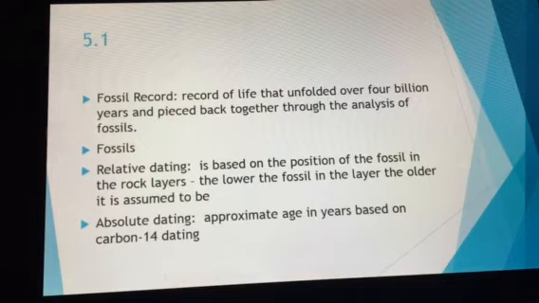But when we do find fossils, we can use two types of dating. One is relative dating and one is absolute dating. And so relative dating is kind of a guess. It's relative based on where it's found out in the rock layer. So if you think about your pile of dirty laundry that's in your room, at the bottom of the pile is probably going to be the oldest clothes, or the clothes that you wore like a long time ago.